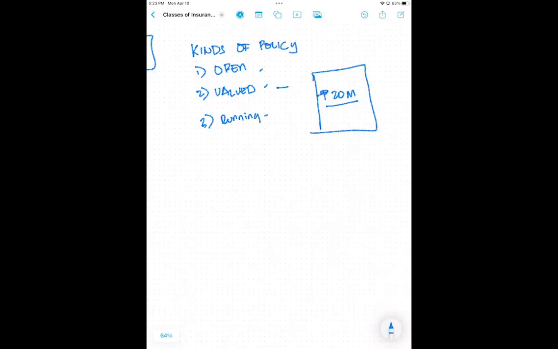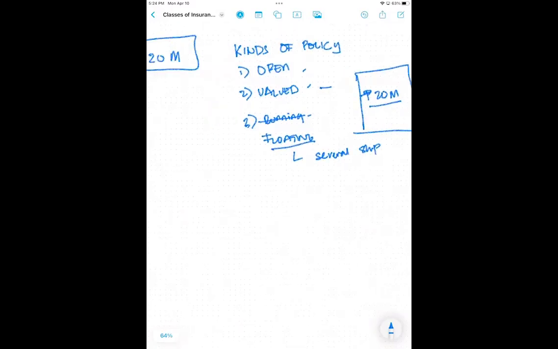And when we talk about marine insurance, so instead of running, we have floating. So floating marine insurance policy is when there are several ships, and the particular ship na magko-commence ng voyage will be identified at the time of the commencement of the voyage. But I don't think that that is important.